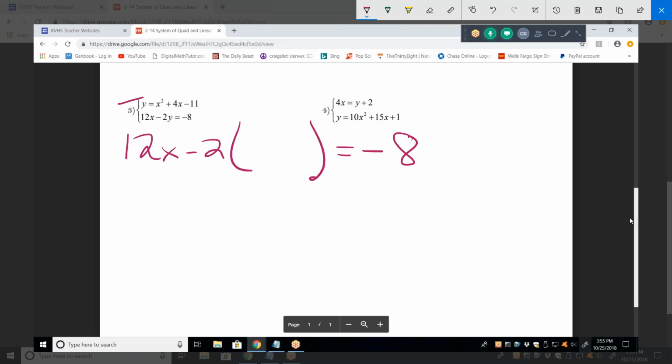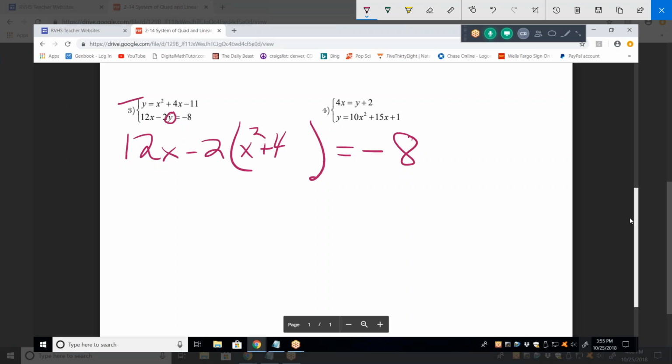What goes in the parentheses? What goes inside the parentheses is y. Oh, x squared plus 4x minus 11.